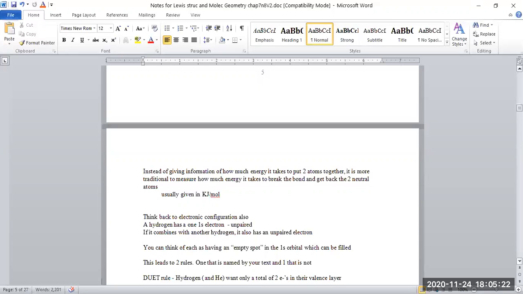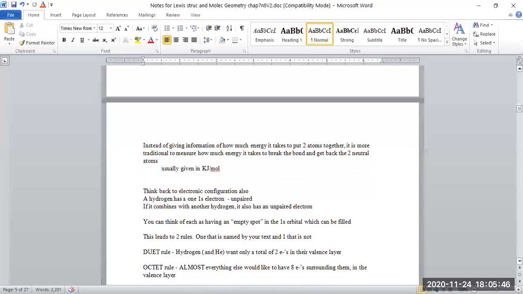If each one had a blank spot, and you sit them side by side, they can share. And since they are sharing, those two electrons are spending half their time with the left-hand one and half their time with the right-hand one.